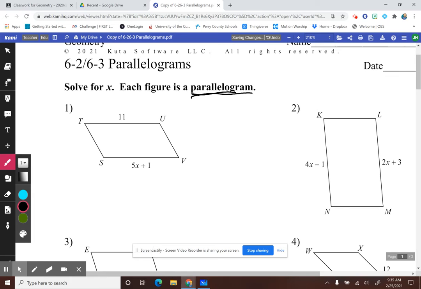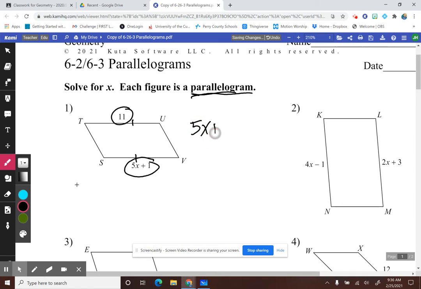So what I want you to notice about number 1 is that I have side length here, that's 5x plus 1, and I have a side length over here, that's 11. Notice those sides are opposite one another, and so it goes right back to our first rule that says that opposite sides are congruent. So the way I'm going to solve number 1 is I'm going to go ahead and just set these two things equal, because congruent means equal.